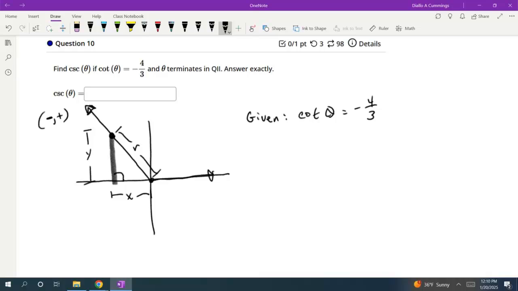So if you take a look at your formulas, the cotangent has the formula x over y. So now I have to distinguish which ordered pair is negative based on the quadrant. If I'm in the second quadrant, my x value should be negative and my y value should be positive. So x is going to equal -4. Y is going to equal +3.